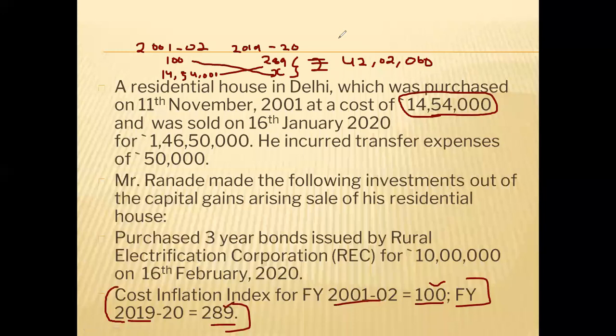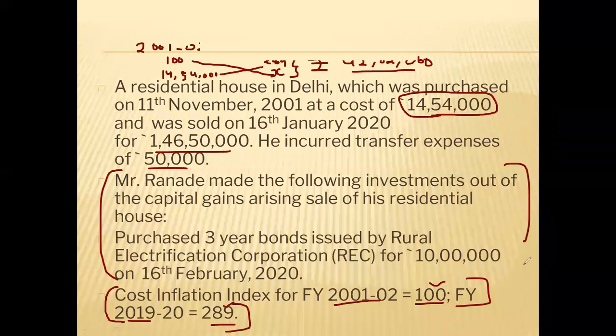Now it is simple. Sale consideration is 1 crore 46 lakh 50,000, minus 42 lakh 2060, minus 50,000. You will get the long-term capital gain. So this part is clear. Some investment details are there, which we will discuss in the next case. So this much understood, everybody? Whatever we have discussed today.